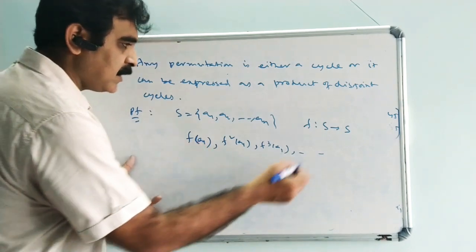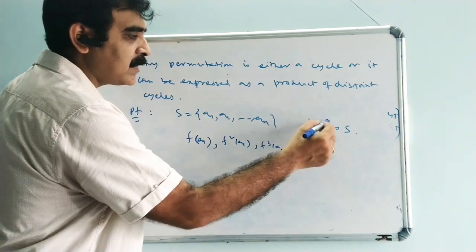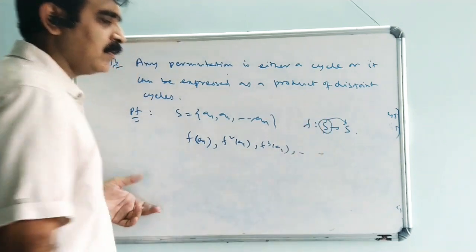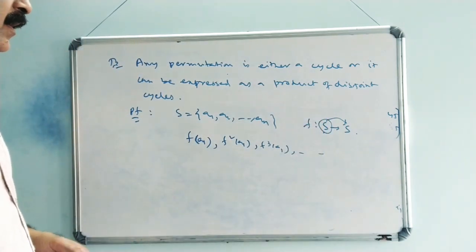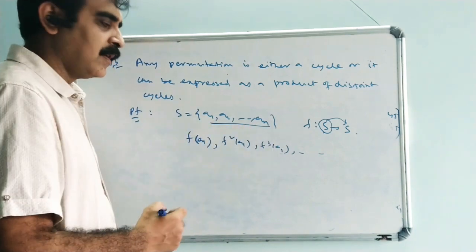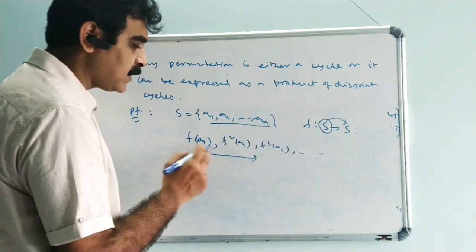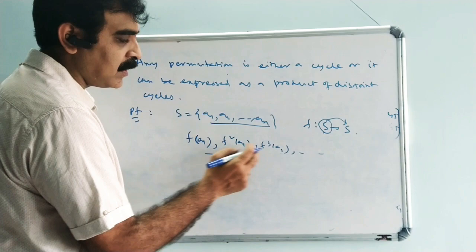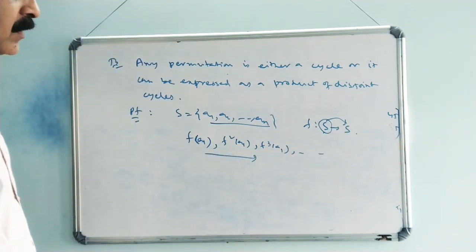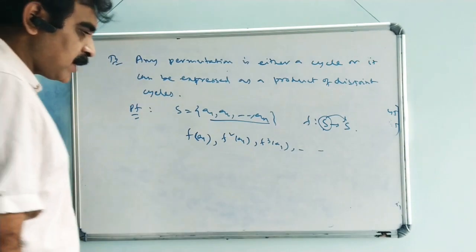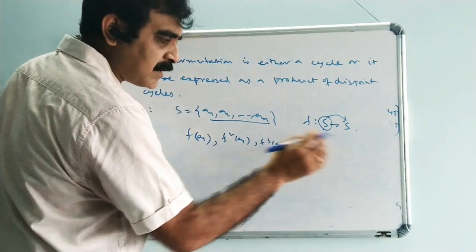Actually, since F is a mapping from S to S, the images of all the elements are also elements of S, and S is a finite set. So if we continue this process, the elements must be repeated after some finite steps.